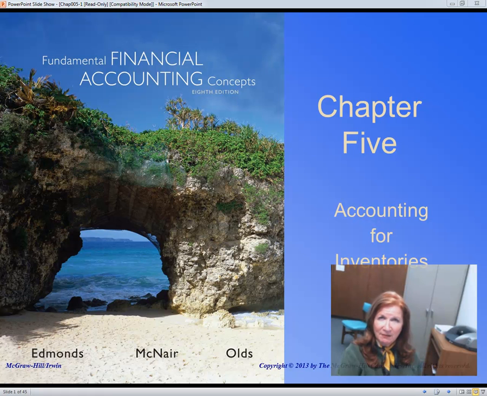FIFO, first in, first out, is another assumption that managers can use, and it says the first inventory's in or the first inventory's out. So an example of that would be milk, and milk is loaded from the back of the shelf and down into the front, and you and I pull the items we're going to purchase.